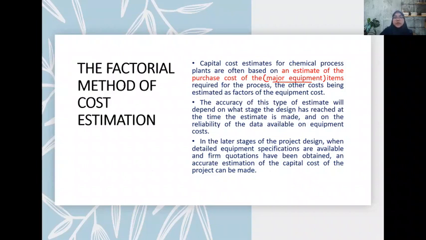The accuracy of the estimate will depend on what stage the design has reached. Usually to use the factorial method, we should at least perform the detailed design, because it requires the properties and specification of the equipment to be compared with.